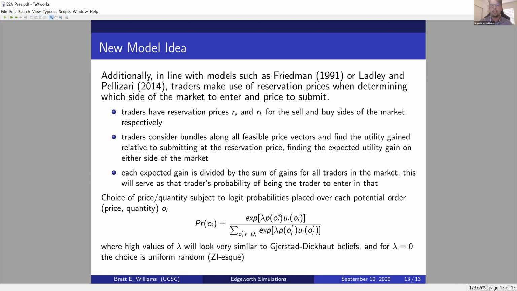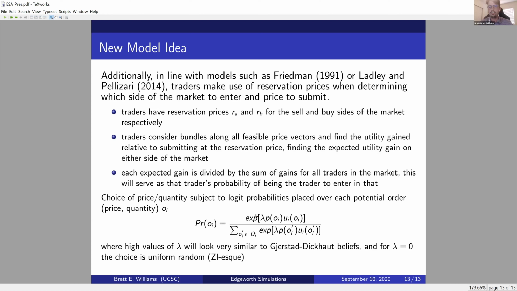Along each of these price vectors, they look at each potential bundle they can move to and compare the utility gained to what they would get by moving that same amount along the reservation prices. They find the expected utility gain on either side of the market and compare theirs to the total of the rest of the market, which gives their probability of entering the market on either the buy or the sell side.